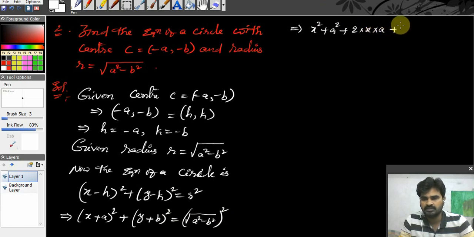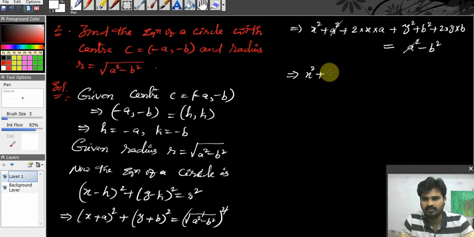Next, in the same process, y plus b whole square: a square plus b square plus 2 into y into b is equal to... now squaring and root cancel here, you will get a square minus b square. Now observe here, a square and a square cancel. Now we will get x square plus 2ax plus y square plus b square plus 2by.